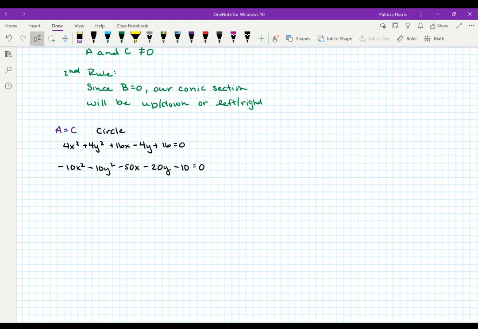Okay. Then if A equals 0 or C equals 0. So you have one quadratic term. Okay, so something that looks like this.